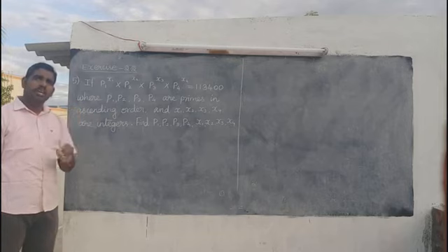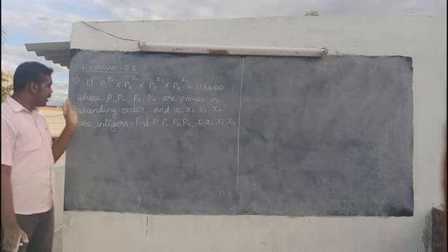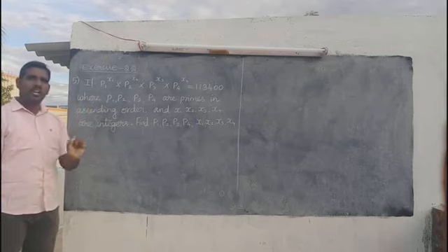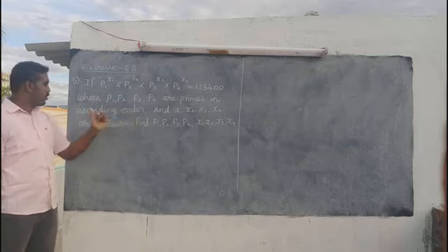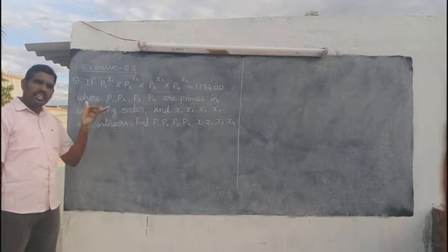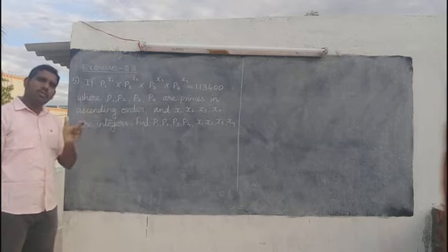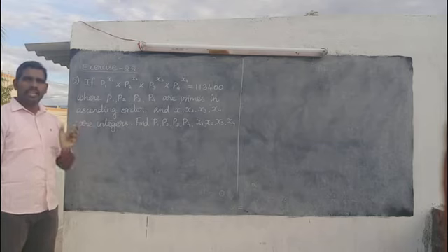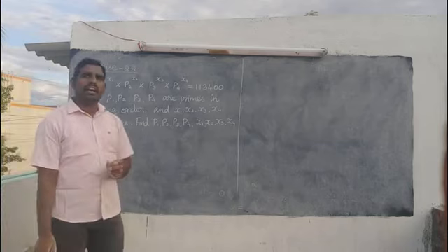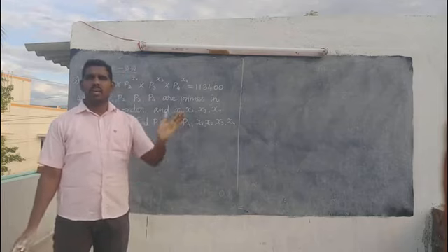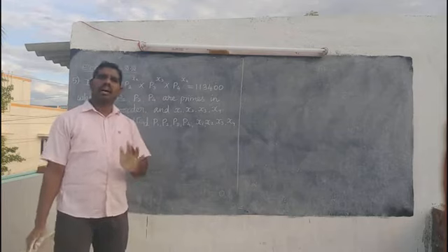Then x1, x2, x3, x4 are integers that are the powers of P1, P2, P3, P4 respectively. Now we want to find the values of the P values and also the x values.